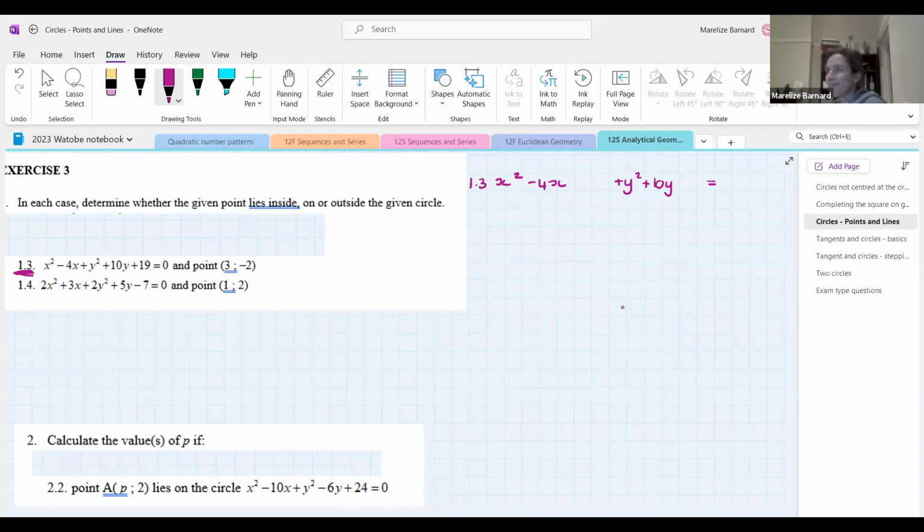Are we done yet? Put your answer in the chat. Just your circle with your center in your circle equation in center radius form.